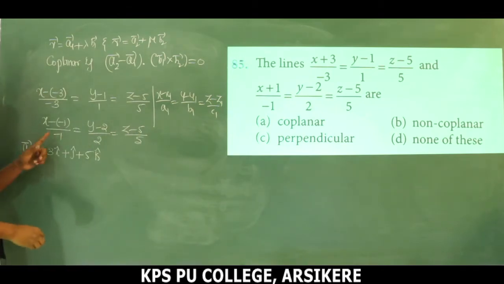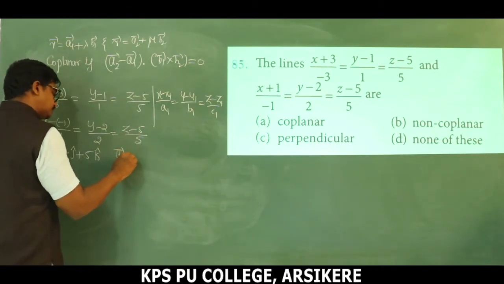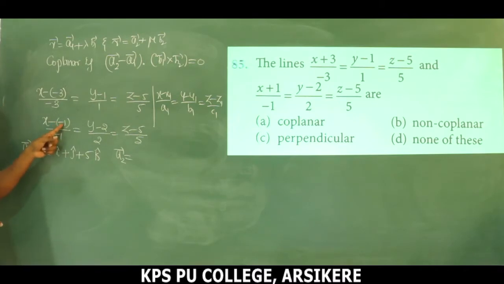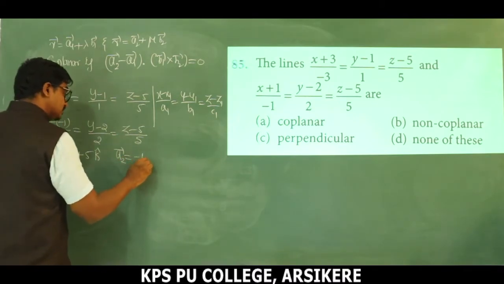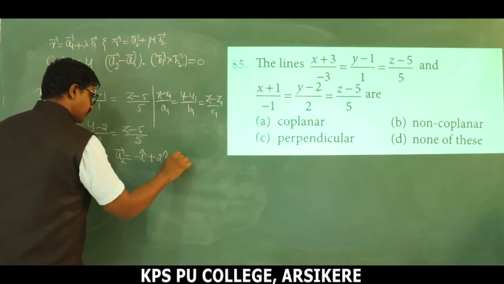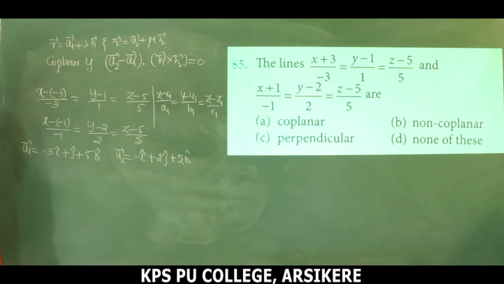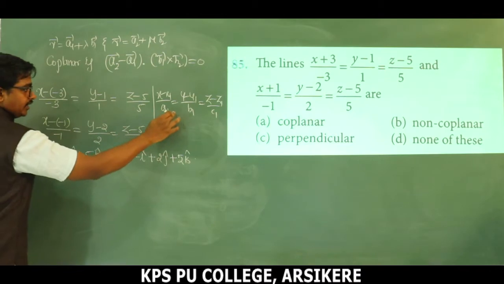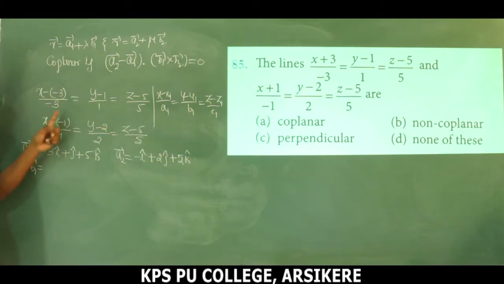Then let's look at the second point a2. This is here minus 1. So that becomes minus i cap plus 2j plus 5 into k cap. This is vector a2. Then let's write vector b1. Vector b1 is a1 i cap plus b1 j cap plus c1 k cap. a1 is here minus 3.